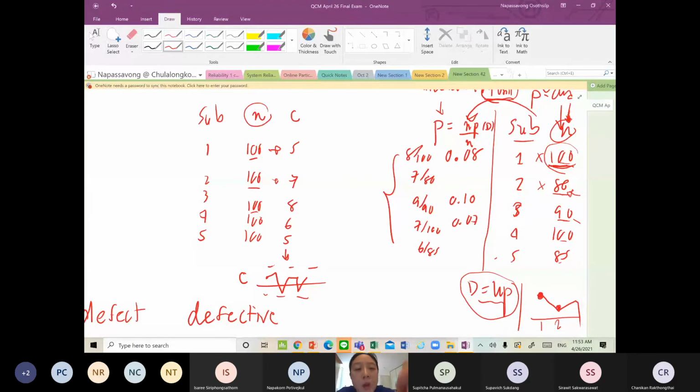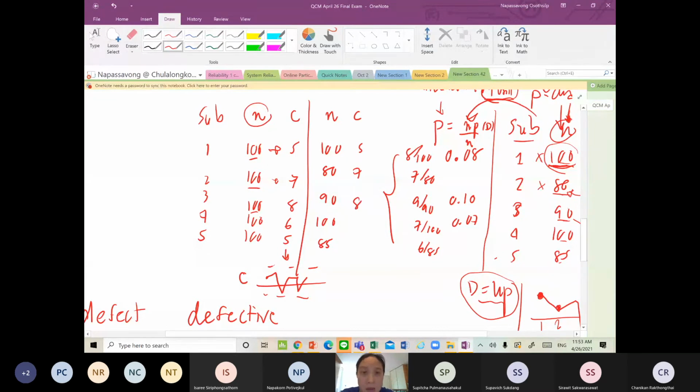So C here is the number of defects over the whole sample size. But when you have a non-constant sample size, like 180, 90, 185, for example, and you count the number of defects, like you have 5, 7, 8, 6, 5, in this case you can use the same basis that you have with NP and P, right?